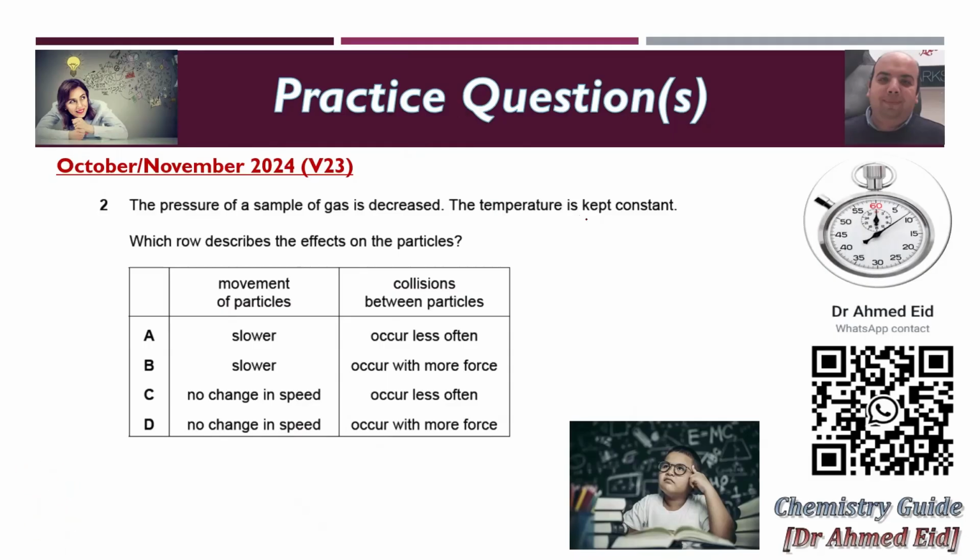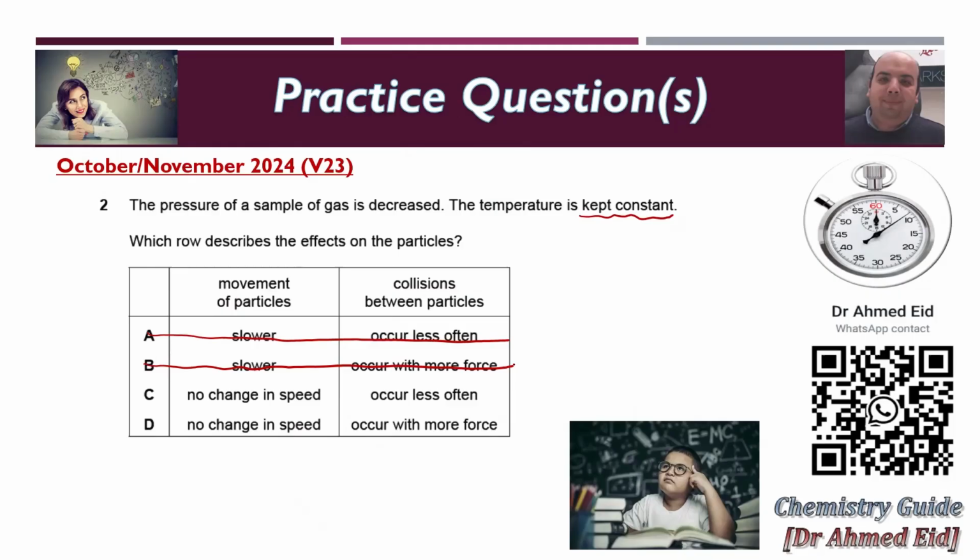When the temperature is kept constant, the speed of particles does not change. So when we talk about movement of particles, we can exclude A and B, not change in speed. Since the pressure is decreasing, the collisions between the particles must occur less often.